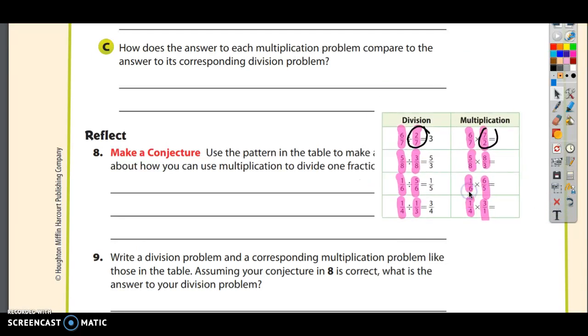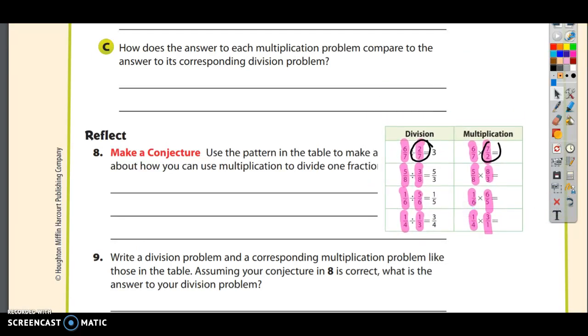Question C says, how does the answer to each multiplication problem compare to the answer of the corresponding division problem? Well, do you remember our answers? This answer was 3. This answer was 5/3. This answer was 1/5, and this answer was 3/4. All the answers are the same.